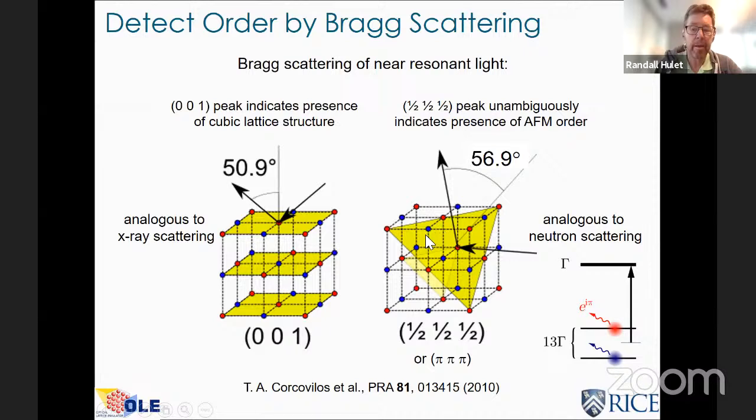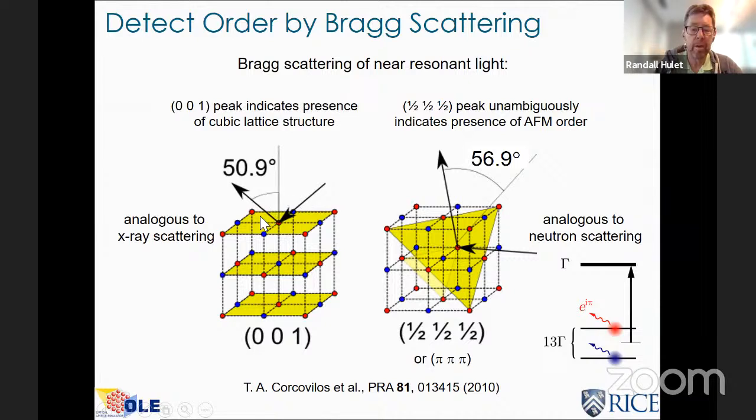That order is defined by, as I mentioned before, (pi, pi, pi), or (half, half, half), and the angle for that at 671 nanometers is about 57 degrees. There's a cone here, and a line that goes down the axis of this cone. The incoming light is at 57 degrees, and the coherently scattered light is also at 57 degrees.